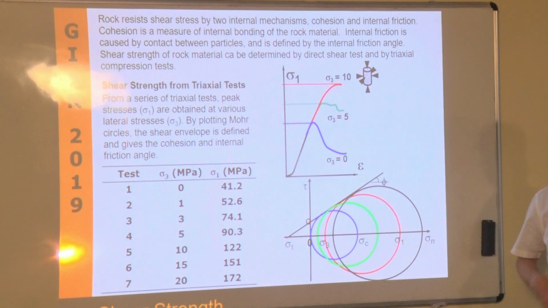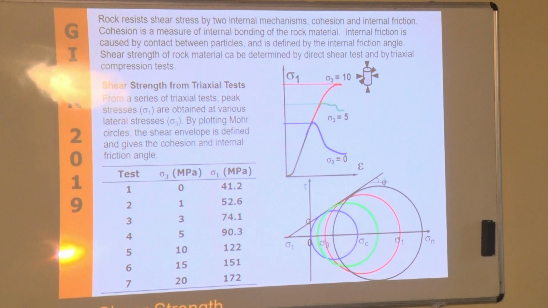Those two parameters, C as the cohesion and phi as the internal friction angle, are important because most of the numerical models use a Mohr-Coulomb failure criterion, and those are the values that we need to estimate.